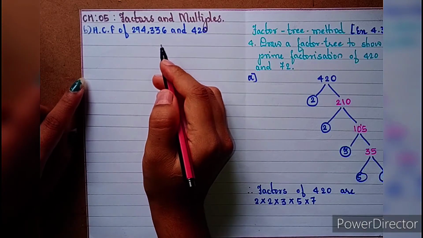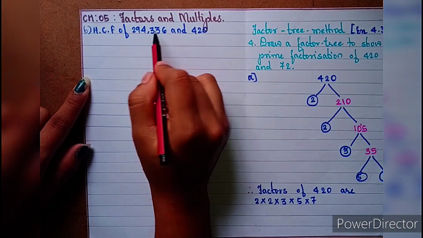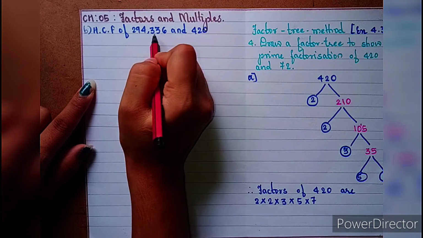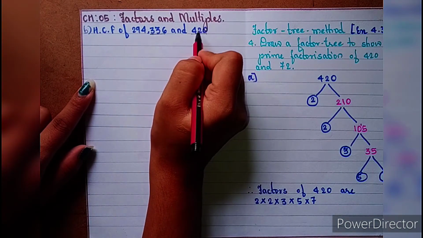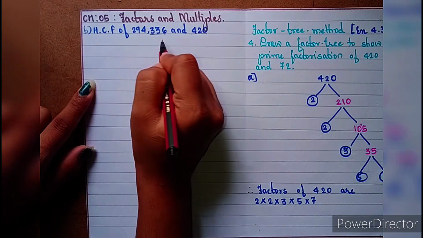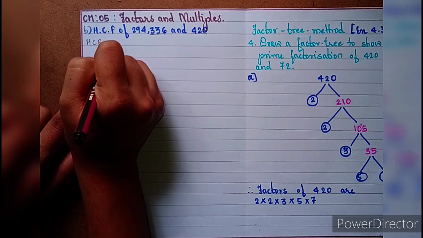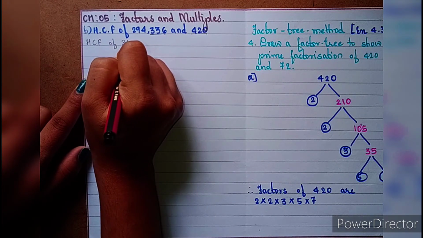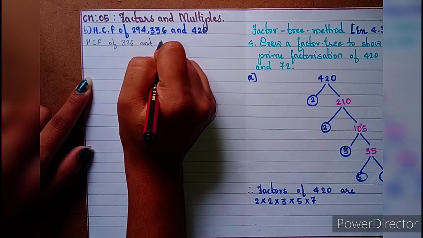Similarly, let's solve the next example, and here we have similarly the 3 numbers. So we have to choose the largest 2 numbers. So those are here. Okay, and let's find the HCF, the first step is, let's find HCF of 336 and 420.